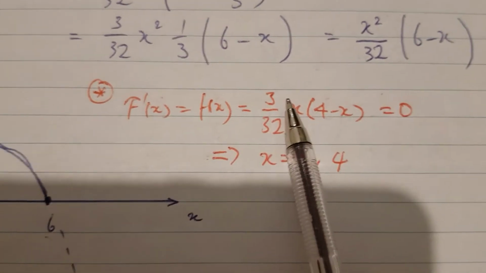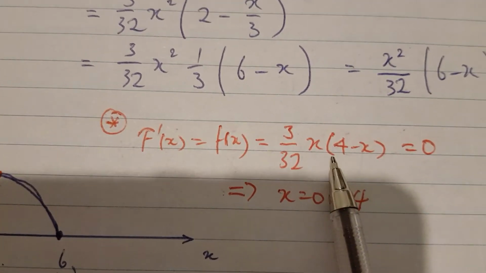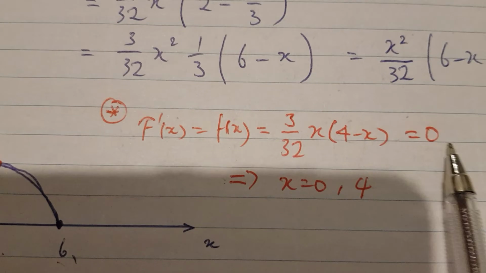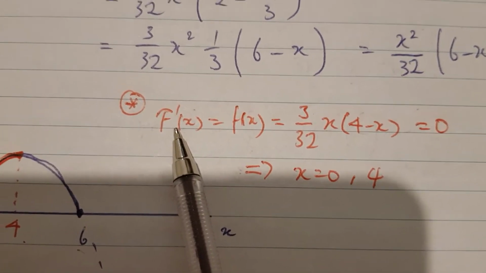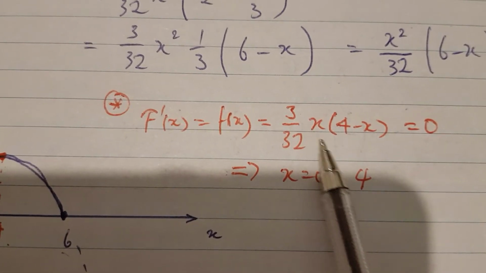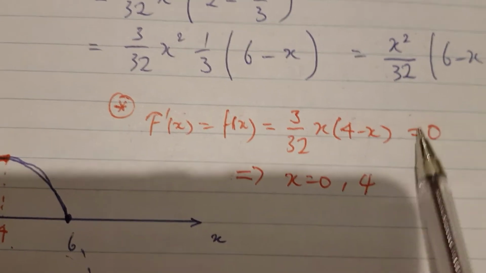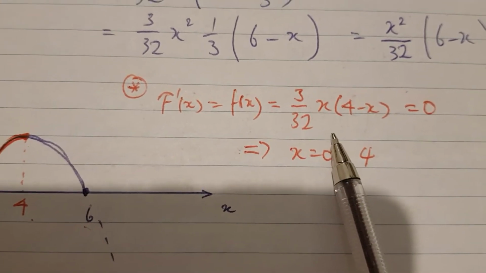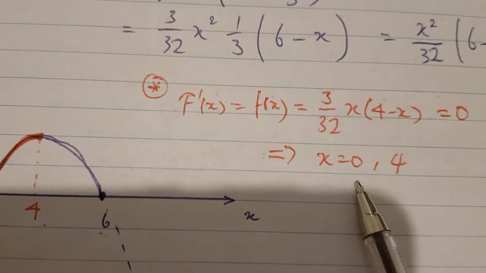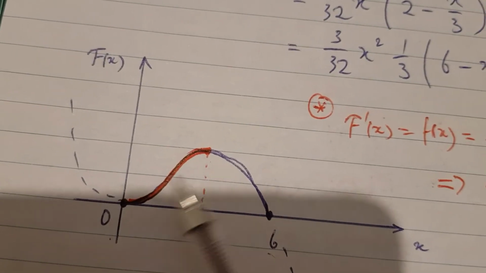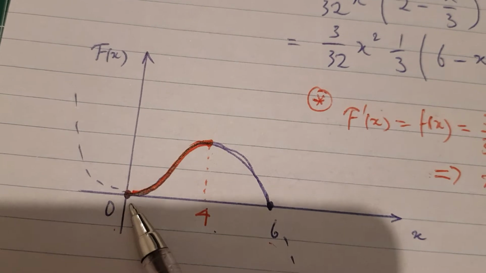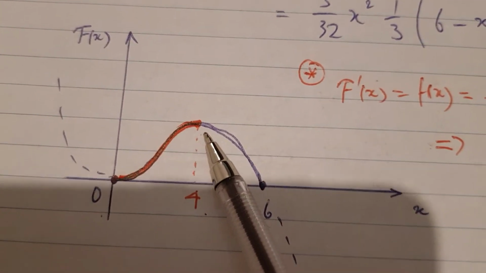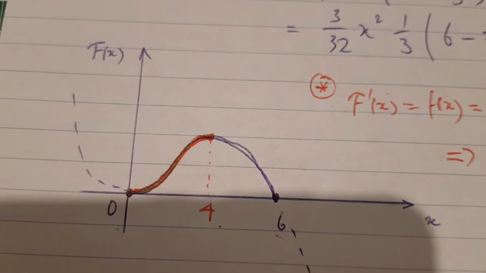From the question, we know that it's 3 on 32 x bracket 4 minus x. When the first derivative becomes 0, that's the x value, and the solutions to that equation are stationary points, which are 0 and 4. So we know that 0 is going to be the minimum point, and therefore the 4 has to be the maximum point. So it stops there.